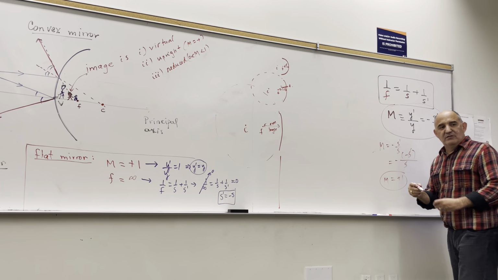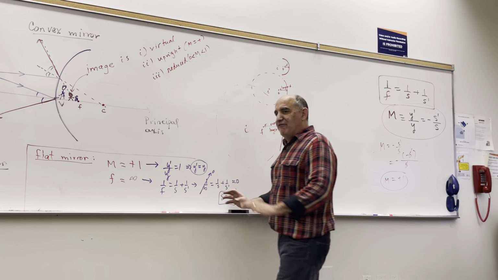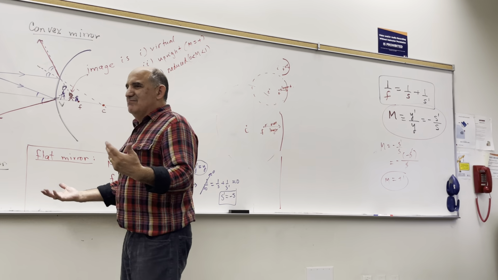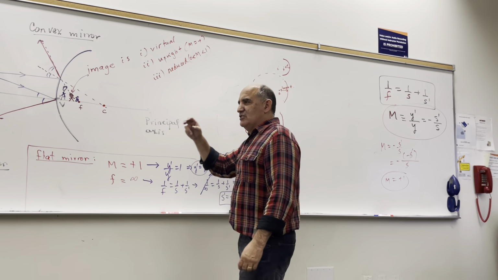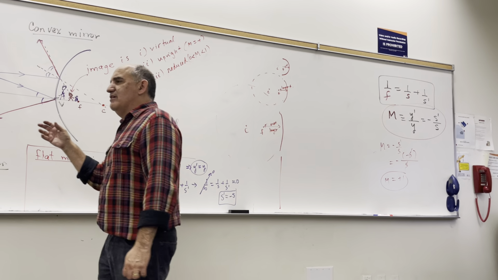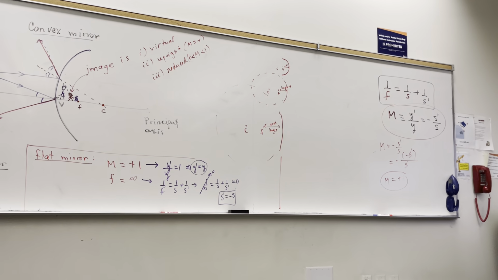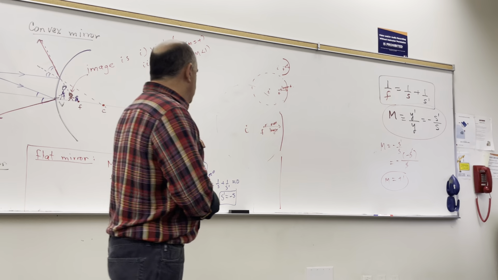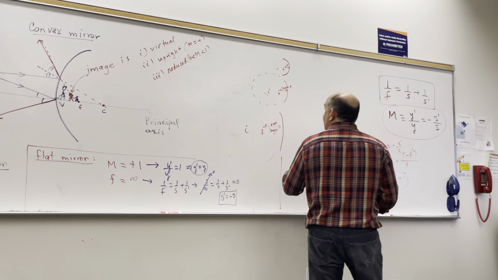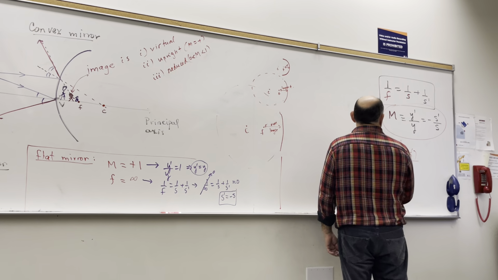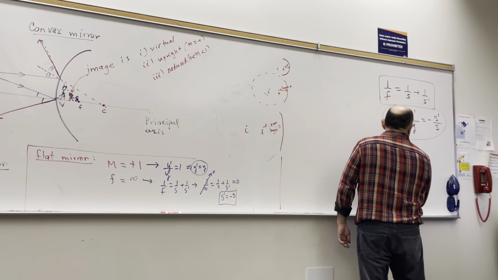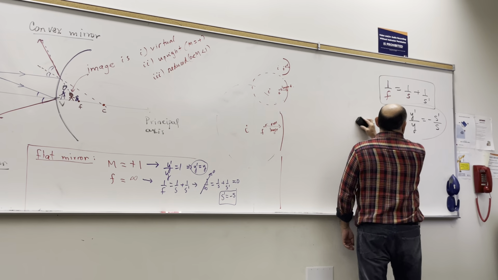It's like I'm going around in circles, but for a flat mirror, they're kind of boring. The image is as far from the mirror as the object is from the mirror. The image is upright relative to the object. The magnification is 1, so it is not enlarged. It is not reduced. It gets more interesting with the curved mirrors.